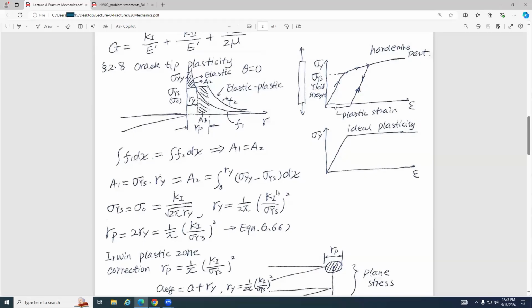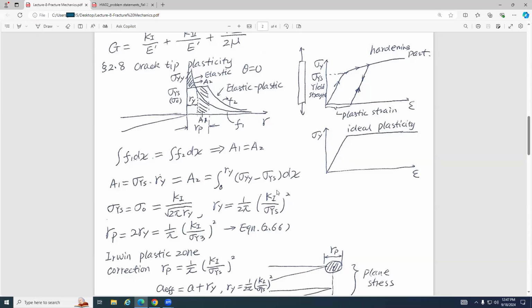This is a theoretical ideal plasticity. Ideal plasticity means that as long as the strain is greater than some value, sigma y, it yields, and the stress remains constant.